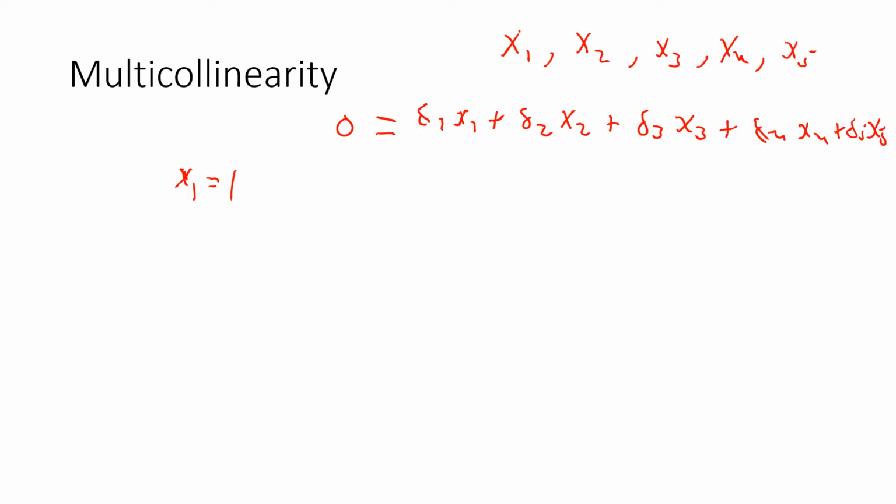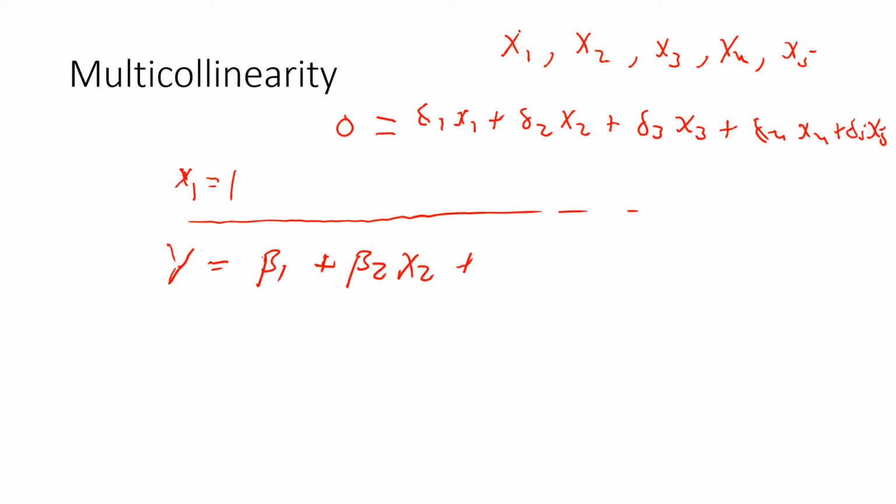So what happens if we have a perfect multicollinearity? What will be its implications on the model? Again, let me take this model. Y is equal to beta 1 plus beta 2 x2 plus beta 3 x3 plus ut. So this is our basic regression model.